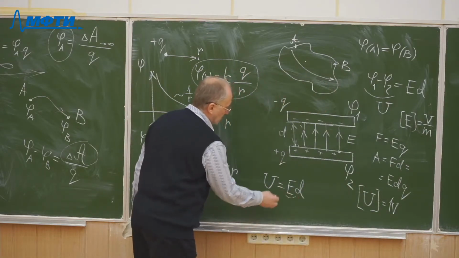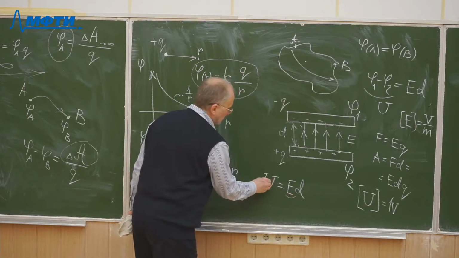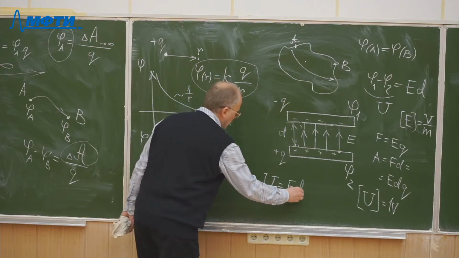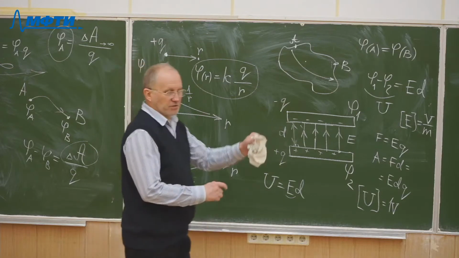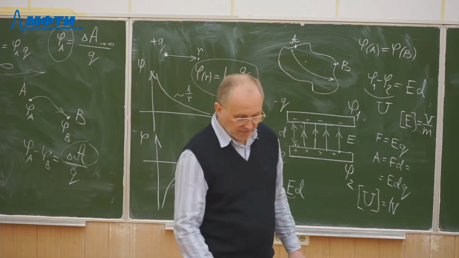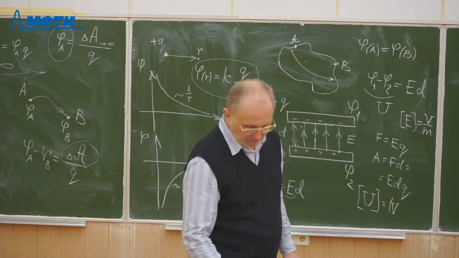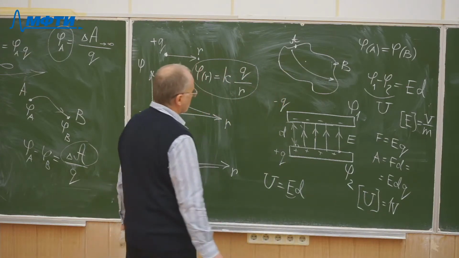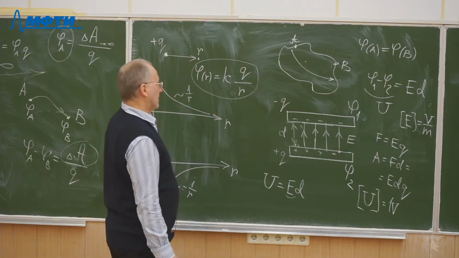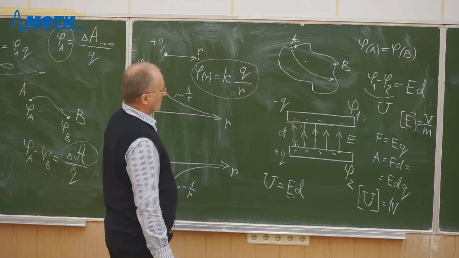Electric field strength should be measured as volts divided by distance, which is measured in meters. So that is as far as the voltage on capacitor plates is concerned.